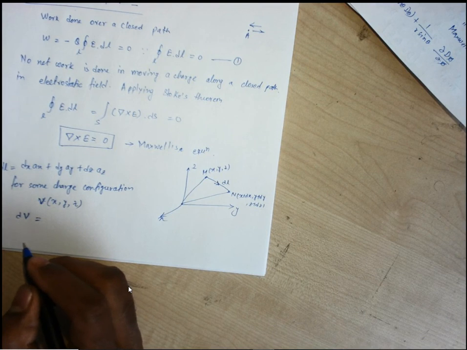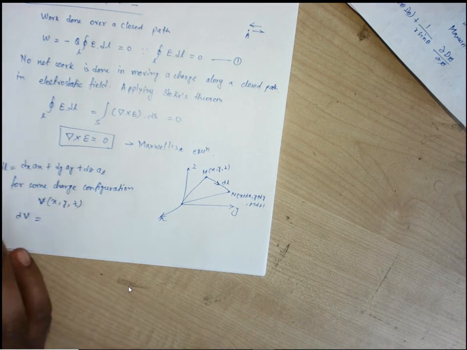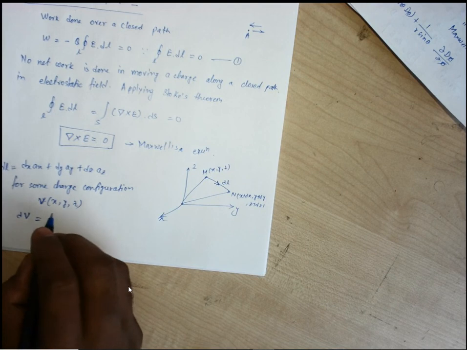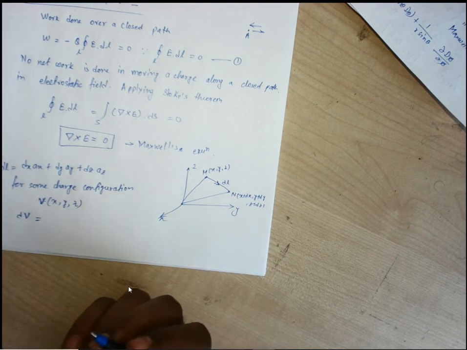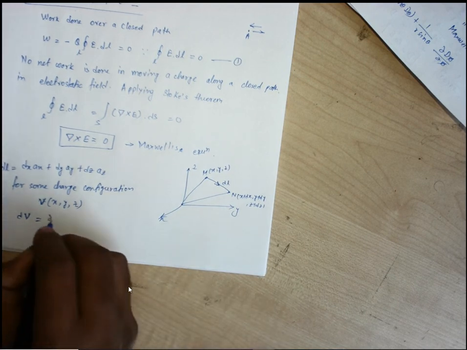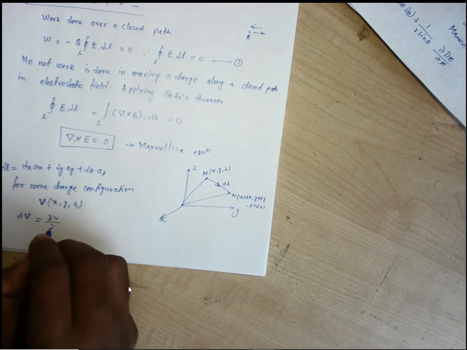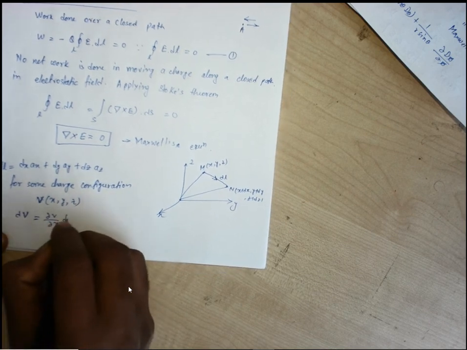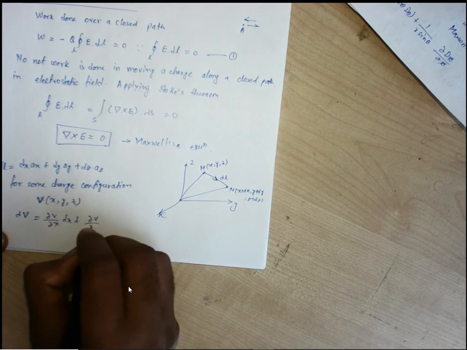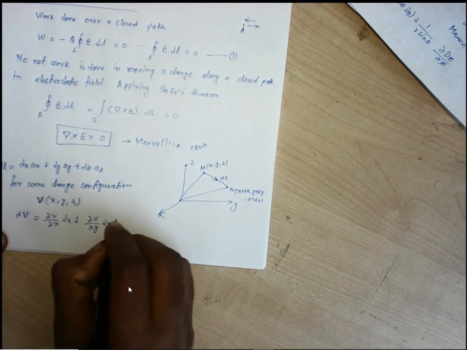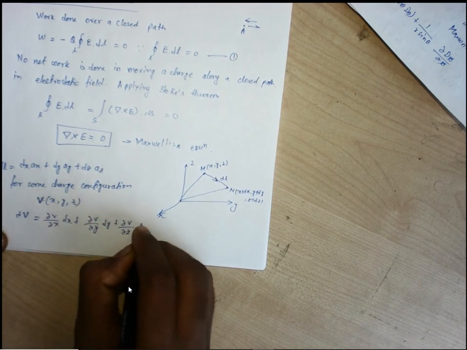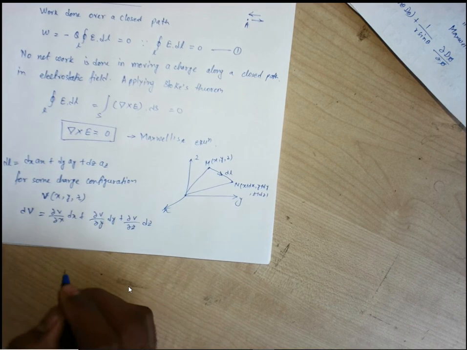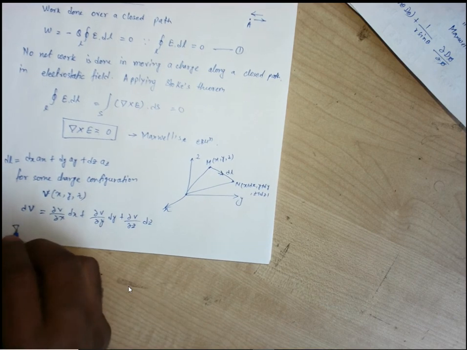From the theory of multivariable calculus, we can write the differential as dV equals del V by del x dx plus del V by del y dy plus del V by del z dz. And what is the expression for the gradient of V?